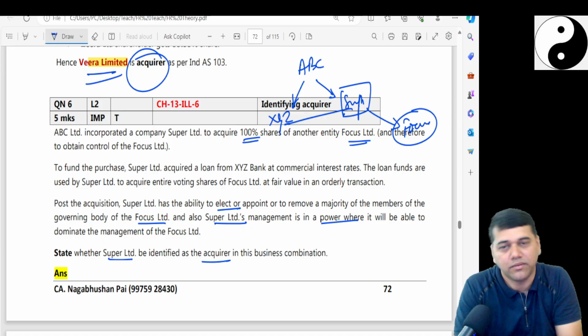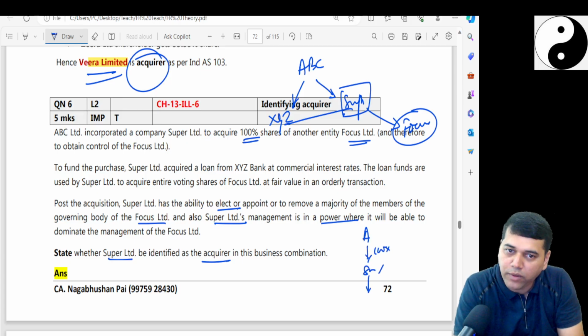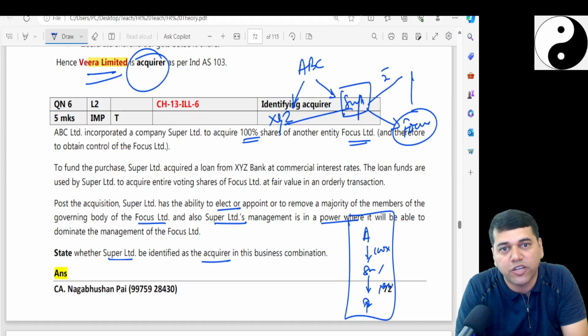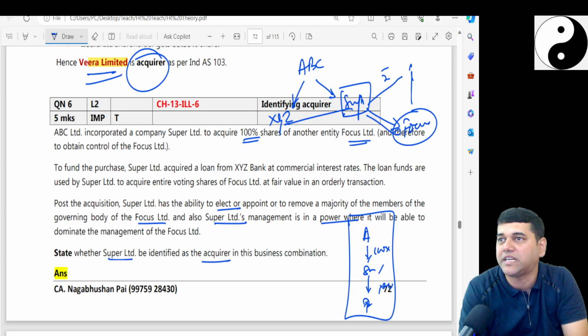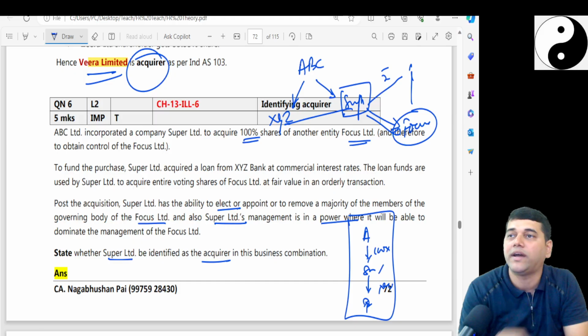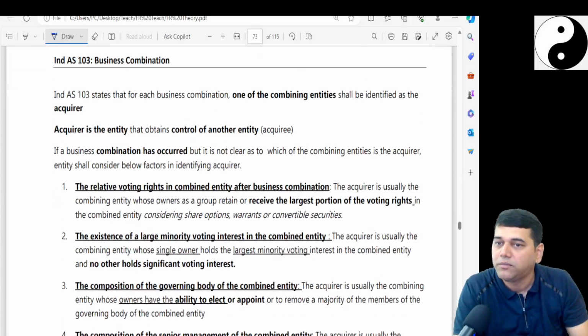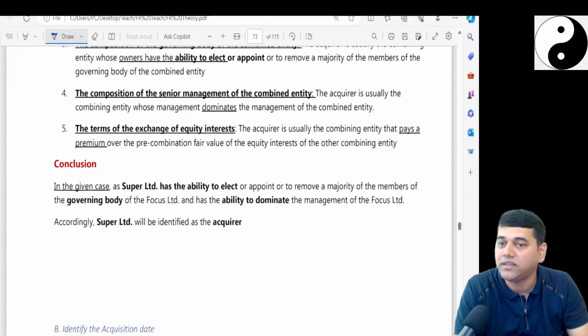See, going forward the structure will be ABC 100%, Super acquired Focus 100%. But in this business combination, when the cash was paid to the shareholders of Focus and the share certificate was taken back, who is the acquirer? Super. Super is the acquirer, no? Yes. But we have to write the theory here. Yes, here Super Limited is the acquirer.